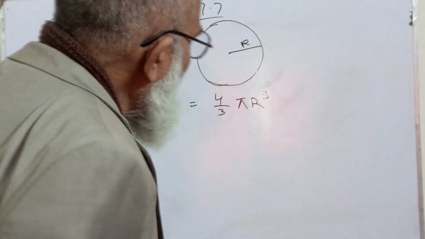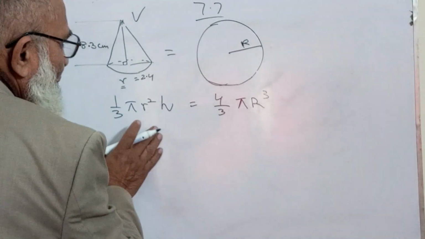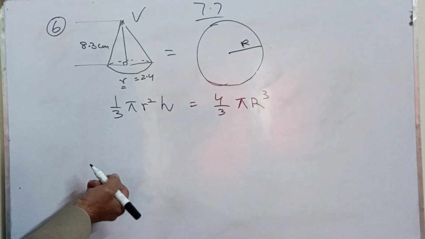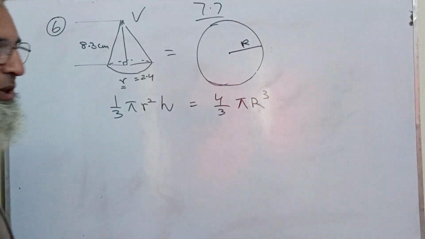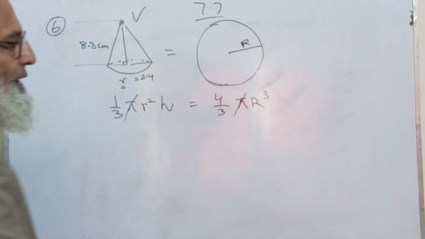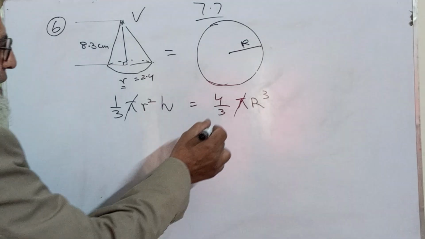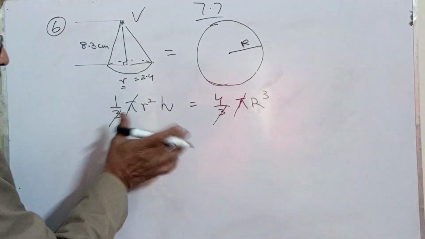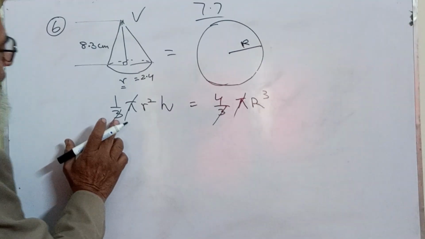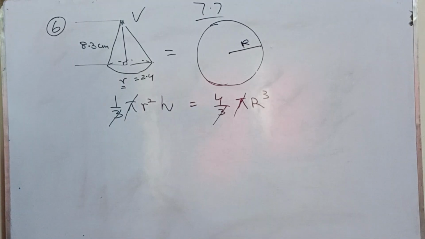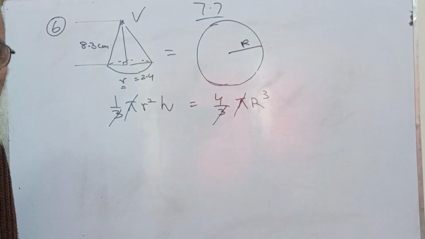Both are equal in volume. Now see that there are some things which are equal at both ends, so you can cut them out. Pi is equal at both ends, and the 3 cancels with the 3 because these are multiplying each other.